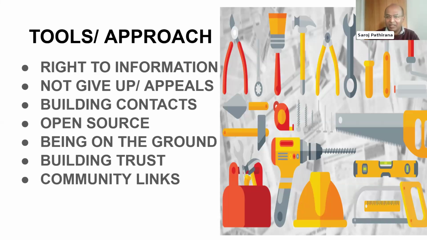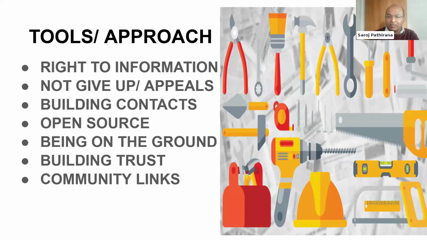You had to first file right to information applications, and the state officials would take a long time to respond. Usually the first response would be that they would reject, not divulging any information at all. Even other government departments were seeking advice from the Attorney General's department, so none of them were giving out any information at all.